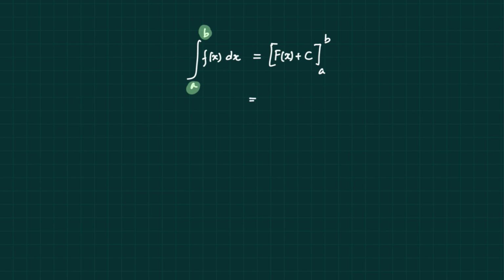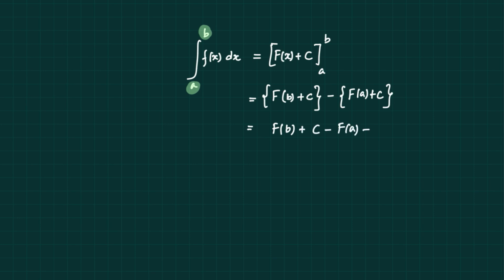At first we always put the upper limit instead of x, so it will be F of b plus c, and we subtract by putting the value of x as the lower limit a, so it will be F of a plus c. So it equals F of b plus c minus F of a minus c.